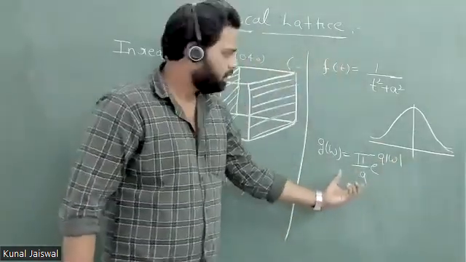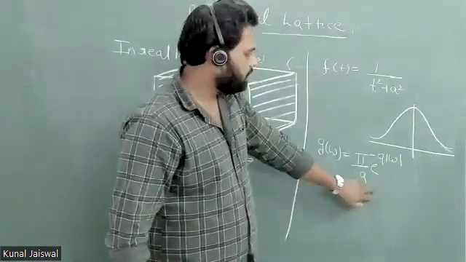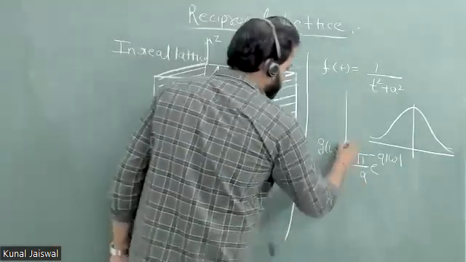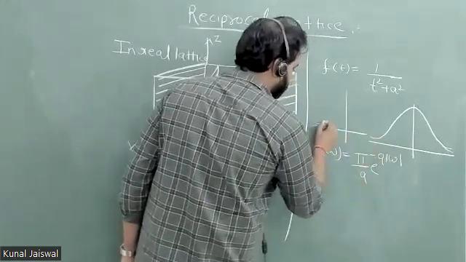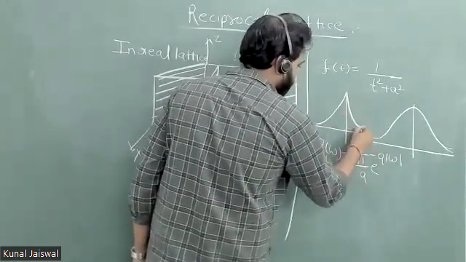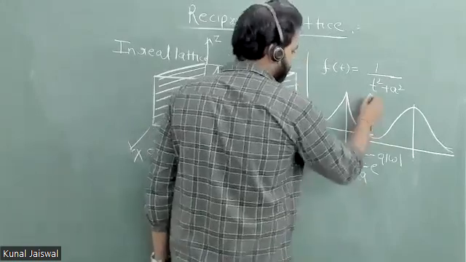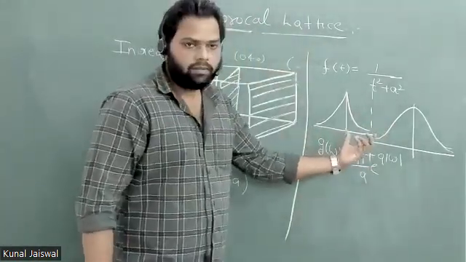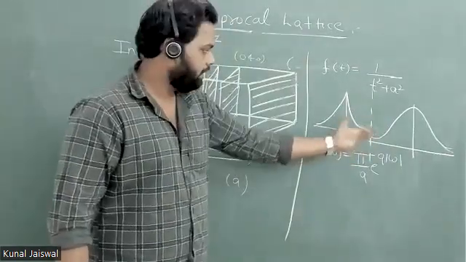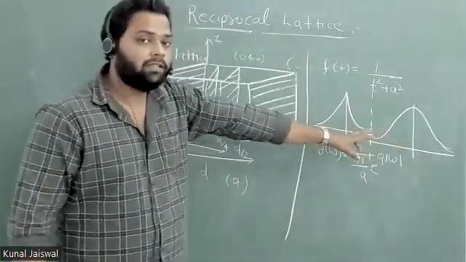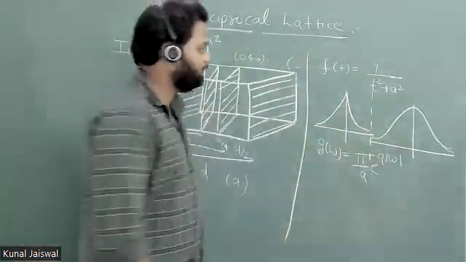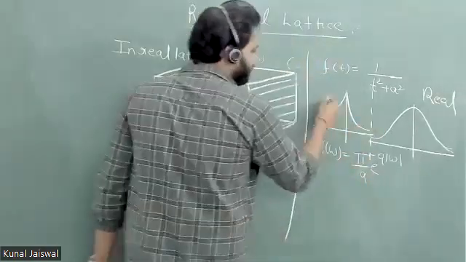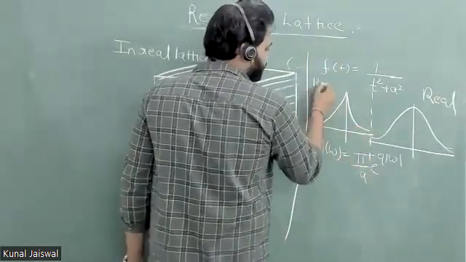And does anyone know the sketch of this? This function is sketched like this. See, here you get the answer why we are shifting to the reciprocal lattice from the real lattice. This is the story of real lattice. This is the story of reciprocal lattice.